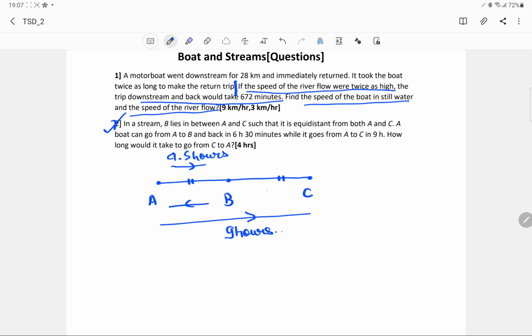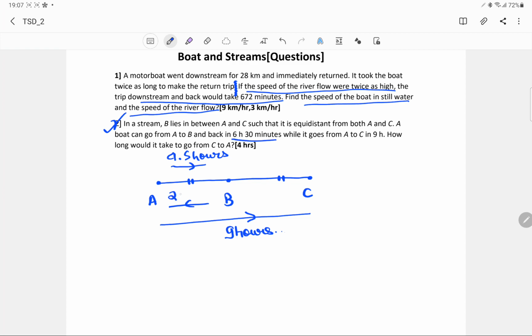If for 2 times the distance it is taking 9 hours, obviously for half the distance it would take 4.5 hours, as nothing has changed. So speed is constant, and if the distance is half, the time would also be half. So we can get from here that from B to A it is traveling in 6 hours 30 minutes.